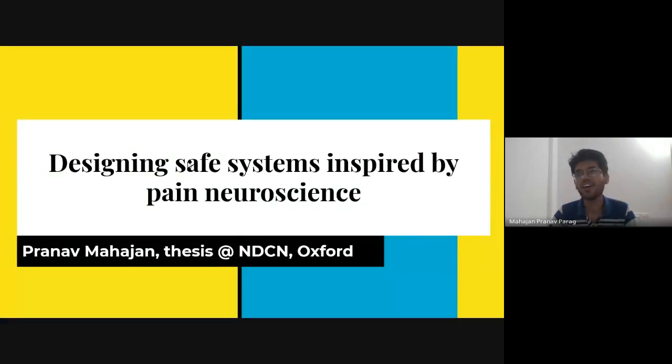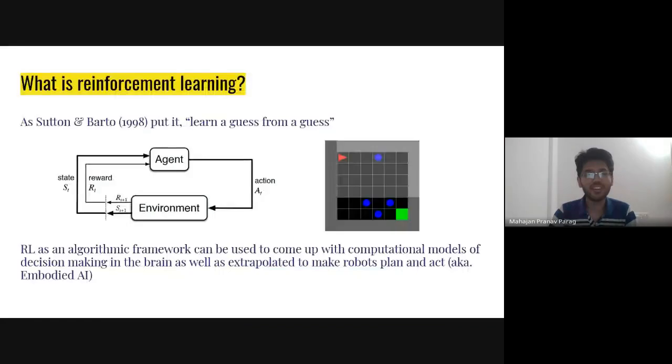When I had to get it approved, the title was Designing Safe Control Systems Inspired by Pain Neuroscience. By the time I submitted my report, the control word had dropped from the title, and nobody even managed to catch it or bother to see. But that's just how BITS works, I guess, nowadays.